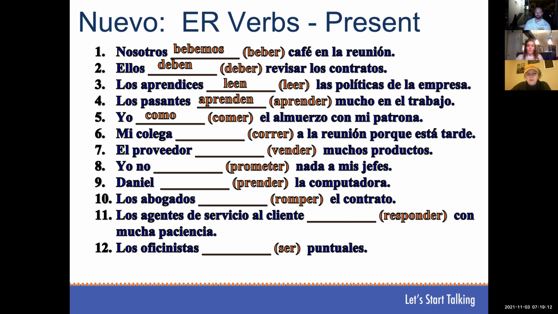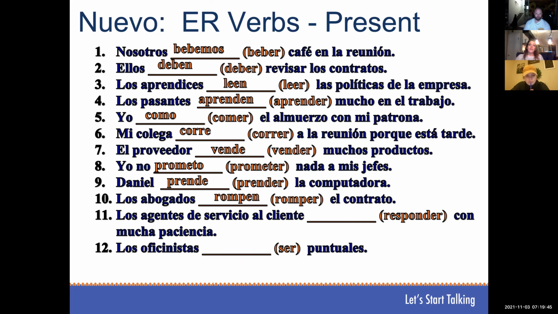Mi colega corre a la reunión porque es tarde. El proveedor vende muchos productos. Yo no prometo nada a mis jefes. Daniel prende la computadora. Los abogados rompen el contrato.